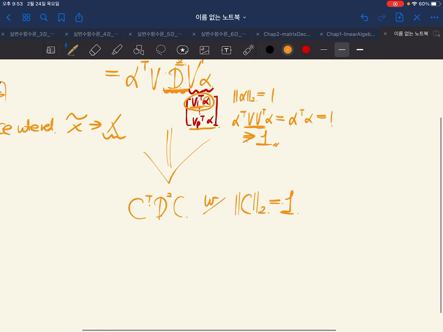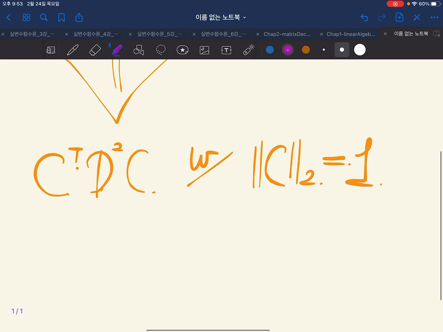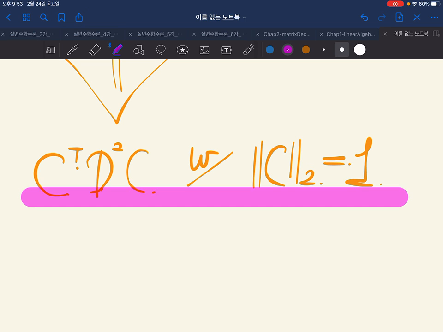The constrained maximization problem reduces to this.